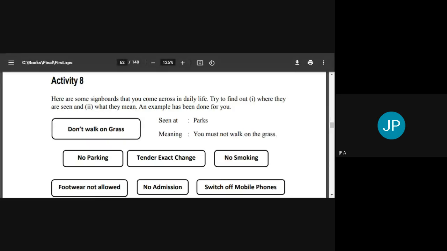Very good, Rosia. It is seen at roadsides. It is seen at streets. It is seen at busy junctions. It is seen in front of many shops, in front of certain houses, in front of gates, etc.